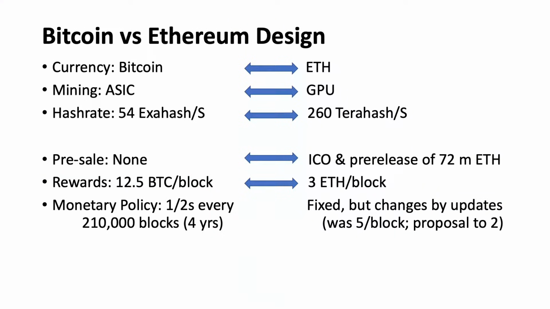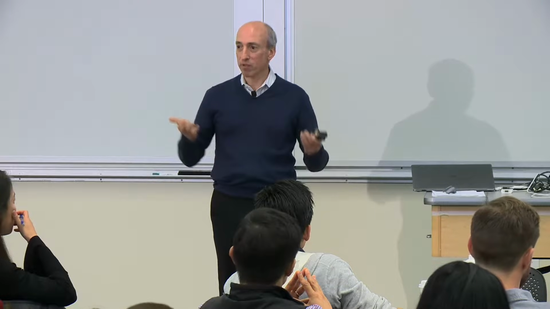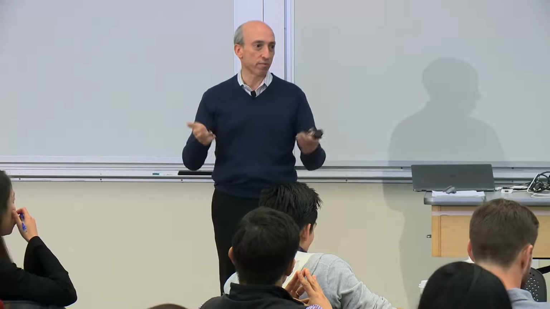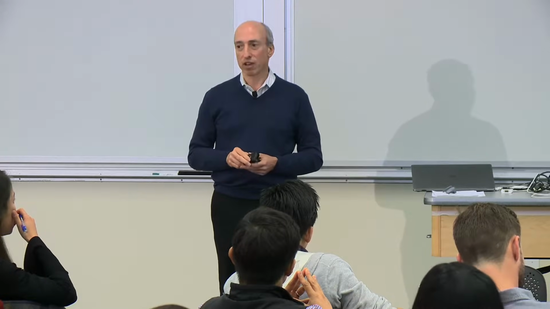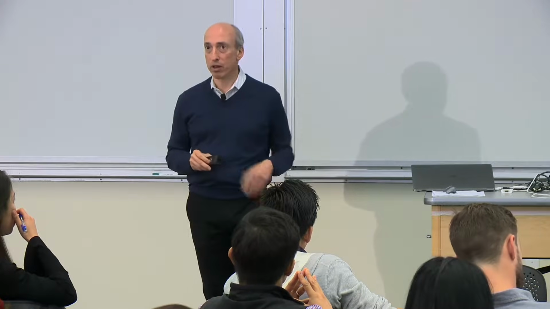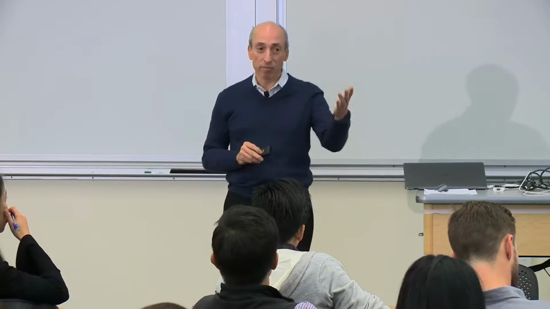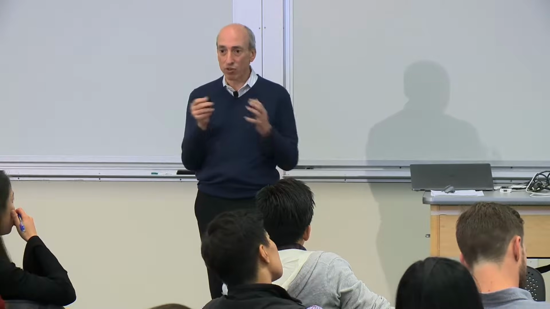So the monetary policy of Bitcoin is said to be immutable and fixed forever. But I would say that because Ethereum supposedly was fixed, and now twice they've changed the monetary policy, there is a form that if all the miners and all the computer nodes decide, they can change the monetary policy, and Ethereum has shown that.